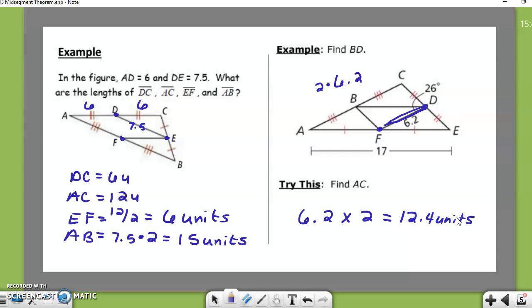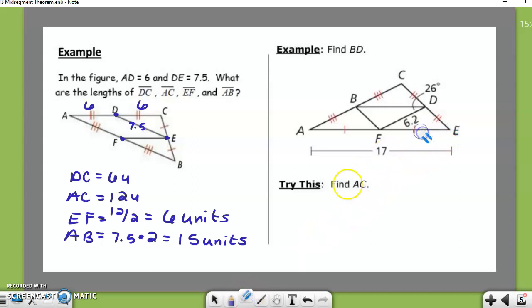Let's see, am I looking at that right? Let's go back here to our diagram. I'm actually thinking, now I'm looking at the diagram differently. I think they're saying that that 6.2 is here, making this... no, I was right the first time. The 6.2 plus 6.2 does not equal 17. 17 divided by 2 is 8.5 and 8.5.